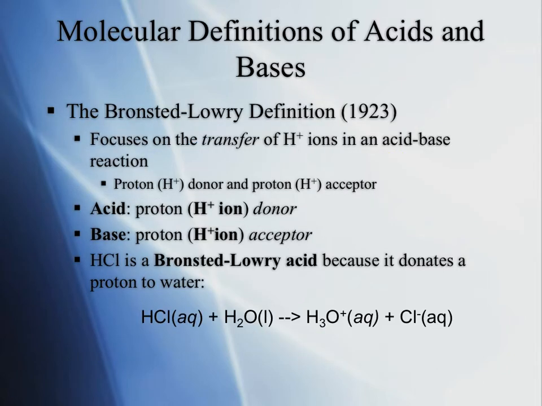All right, so about 40 years later, 1923-ish, we've got the Bronsted-Lowry definition of acids and bases. With further work and finding out that limitation of the base definition according to Arrhenius, Bronsted-Lowry is going to focus on the transfer of hydrogen ions in a base and acid reaction.